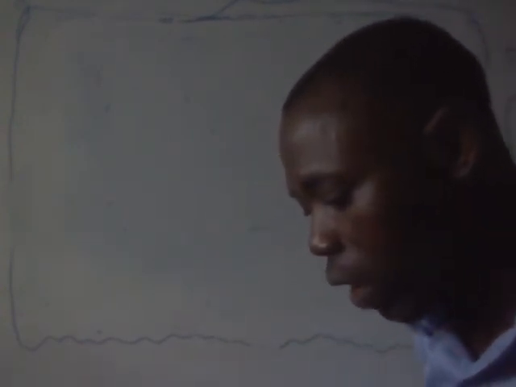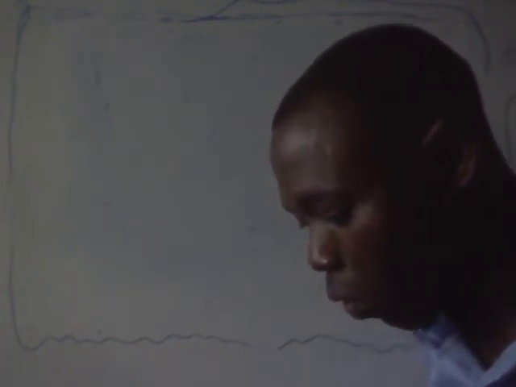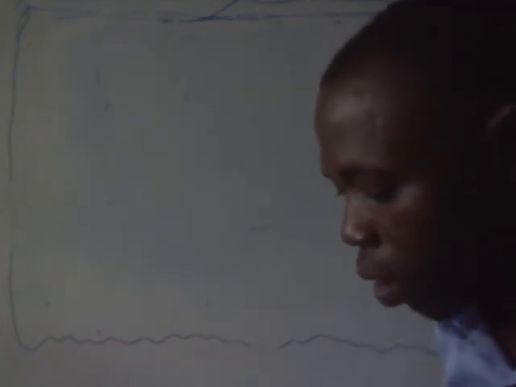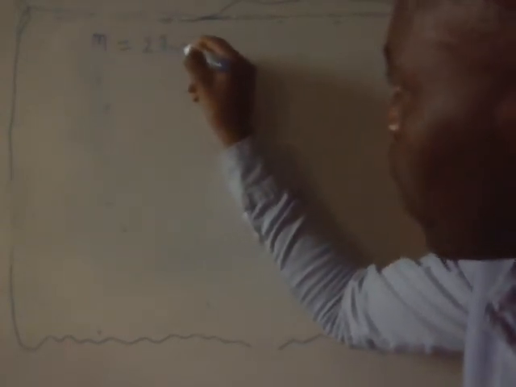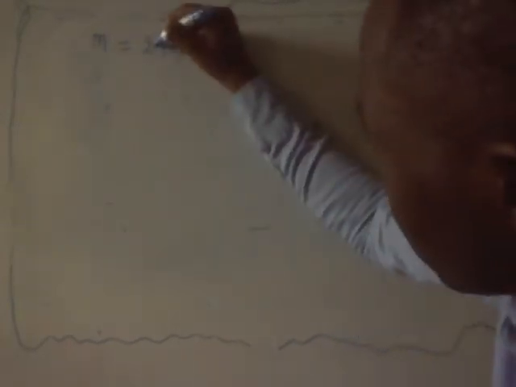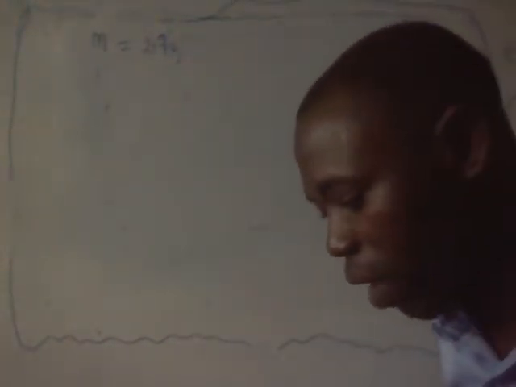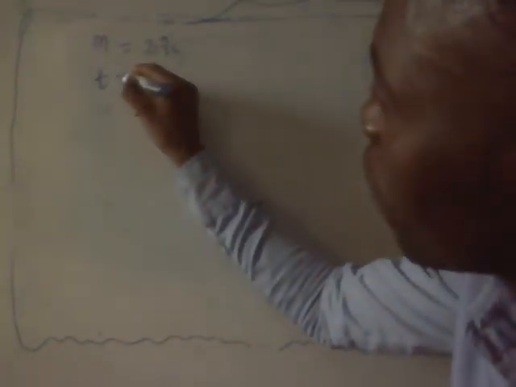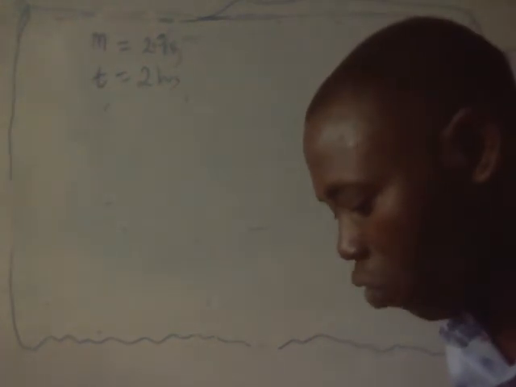So they said what current in amperes will deposit 2.7 grams of aluminium in 2 hours. We are given the mass of aluminium, 2.7 grams in the question. We are given time as 2 hours.